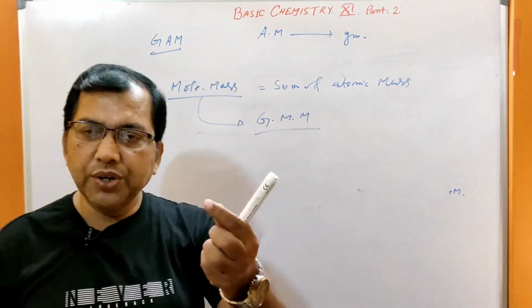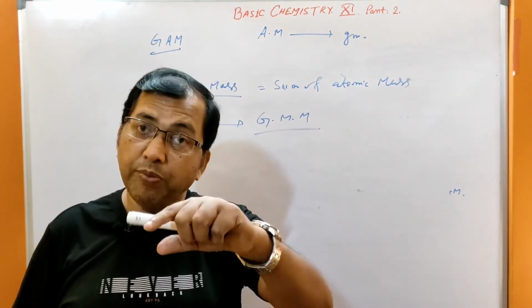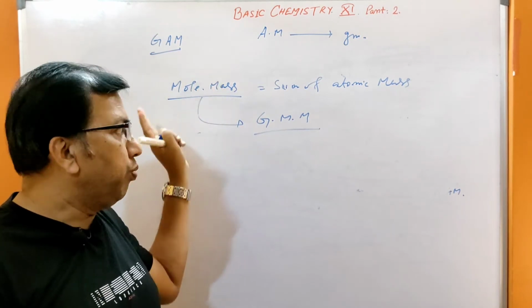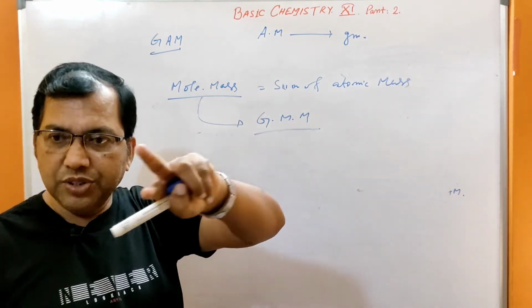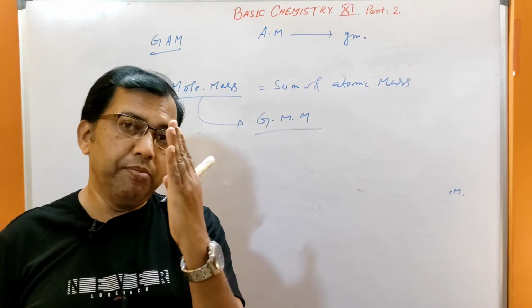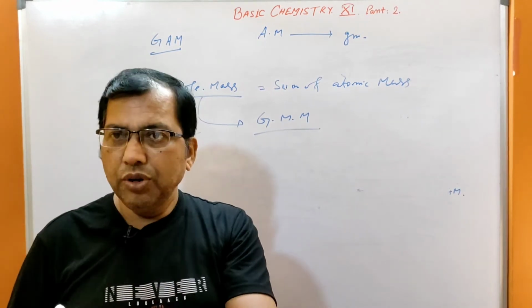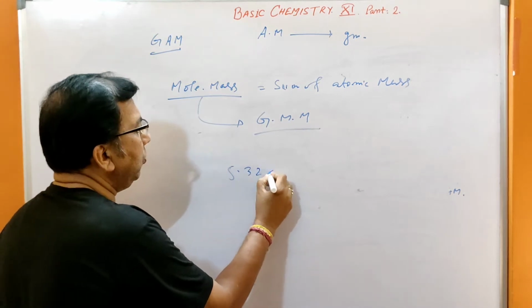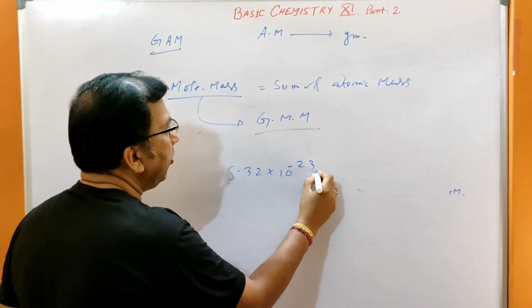The mass of one molecule of oxygen: sum of one atom of oxygen कितना था? हम बोला 2.66 × 10 to the power minus 23. So the mass of one molecule of oxygen is 5.32 × 10 to the power minus 23 gram.